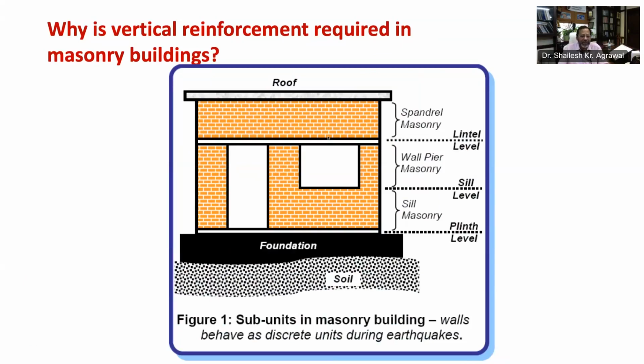Despite these horizontal bands, masonry buildings are weakened by the openings in their walls. During earthquake shaking, the masonry walls get grouped into three subunits as shown in this figure. The masonry above lintel is spandrel masonry, below sill is sill masonry, whereas in between lintel and sill is wall pier masonry.